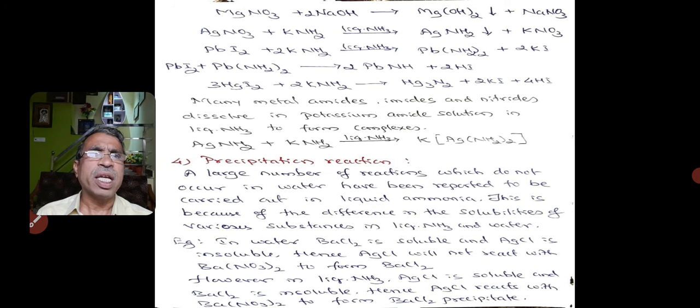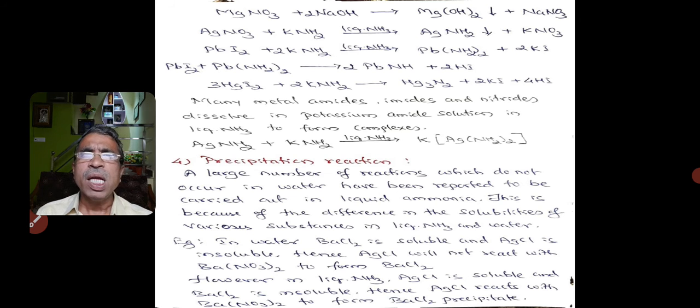This reaction takes place in water medium. So that's why in water we get magnesium hydroxide. This magnesium hydroxide, if you heat further, turns into magnesium oxide. This is in presence of water.